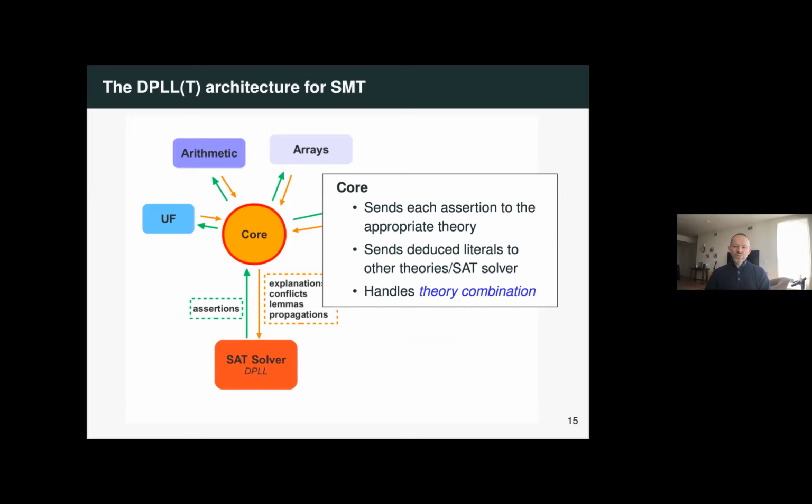If it's an assertion about arithmetic, it goes to the arithmetic theory. If it involves bit vector reasoning, it goes to the bit vector theory, and so on. Sometimes the theory solvers are able to make deductions, called theory propagation, and those get passed back to the core and can get passed back to the SAT solver.